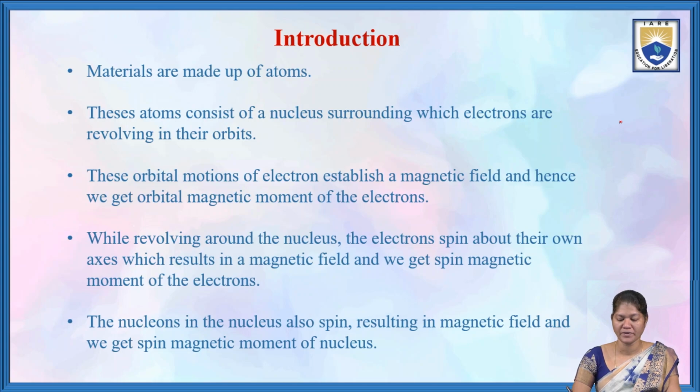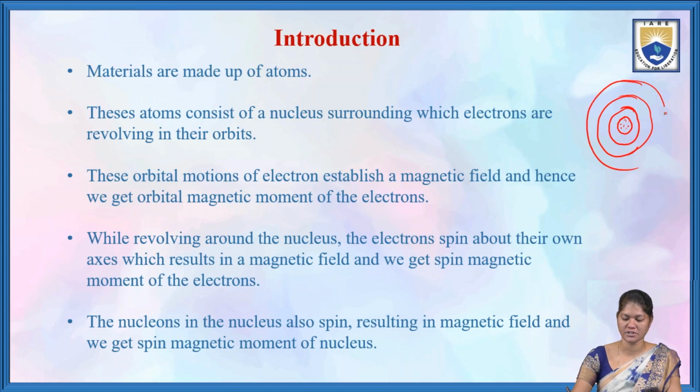The nucleus is at the center, nucleons are inside the nucleus, and around this nucleus electrons revolve in different orbits. These orbital motions of electrons establish a magnetic field, and hence we get the orbital magnetic moment of electrons.